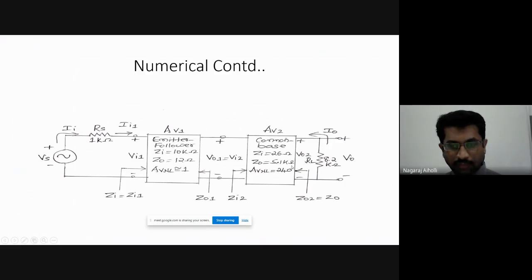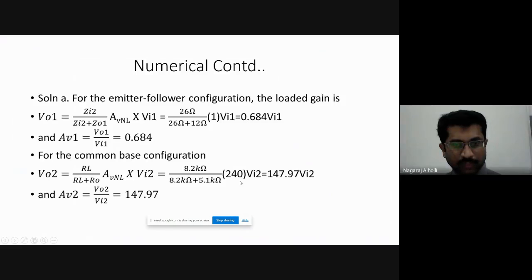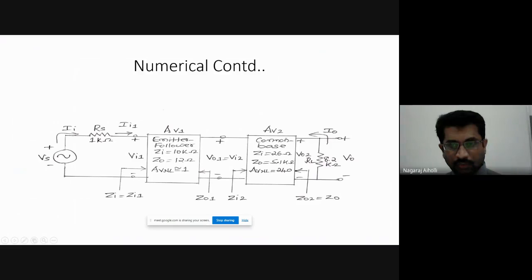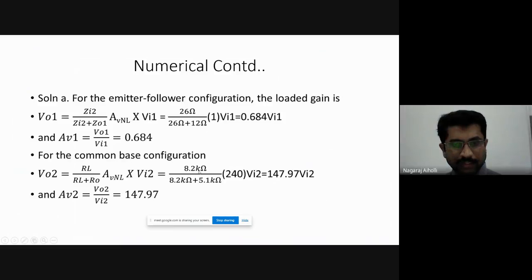That is 5.1 kilo, into AVNL, the no load voltage gain of the common base, 240. It is given. That is V02 is equal to 8.2K into 240 into VI2, divided by 8.2K plus 5.1 kilo ohm.